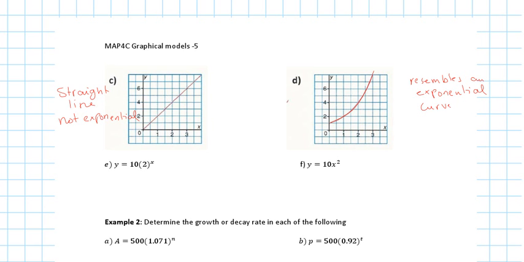We have a slow increase at first, followed by a fast increase.